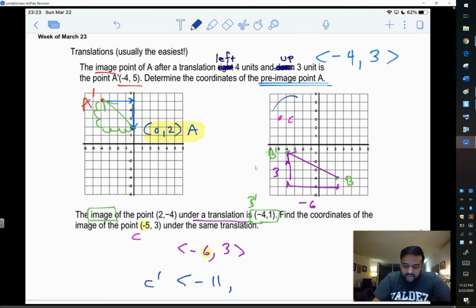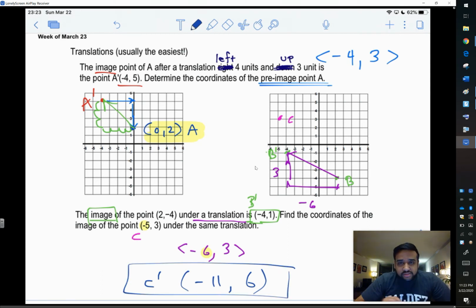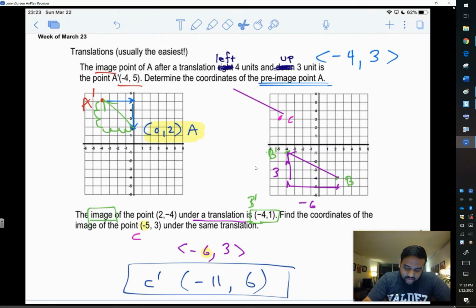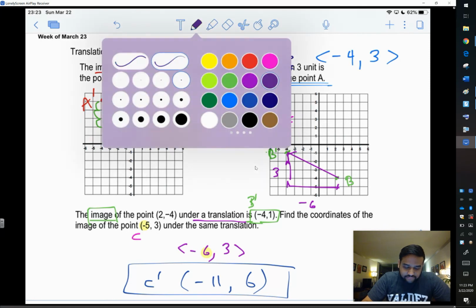That's where I am right now. I'm going to go up 3 from there, so I should end up at 6. Oops, not a vector. So my final answer would be negative 11, comma 6. Doesn't fit in the picture, but if you visualize doing the same action with this purple arrow, you can see that I would end up somewhere in the neighborhood of negative 11, comma 6.